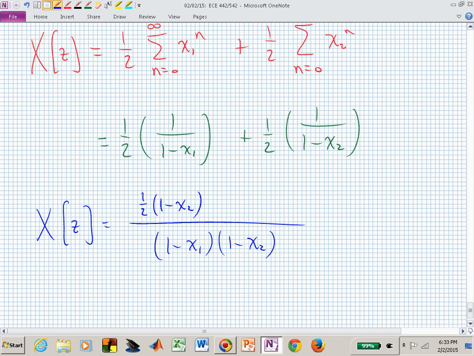Will that get us what we have in the first piece of that two-piece sum? We just cancel the 1 minus x sub 2. Then we can obtain the second piece likewise.